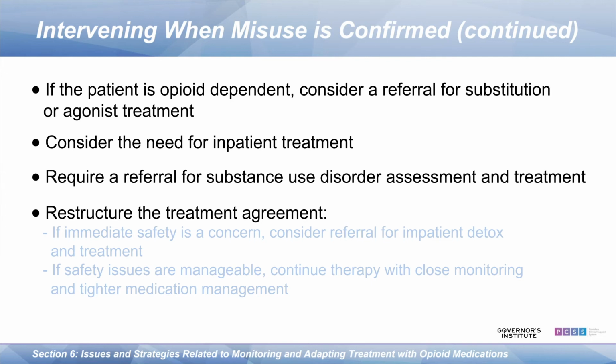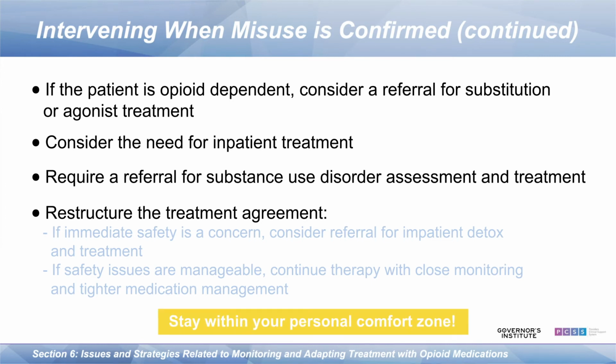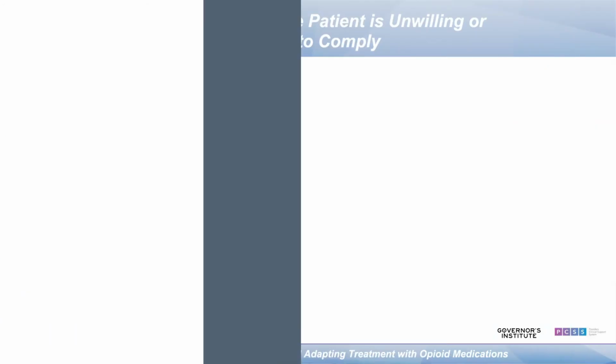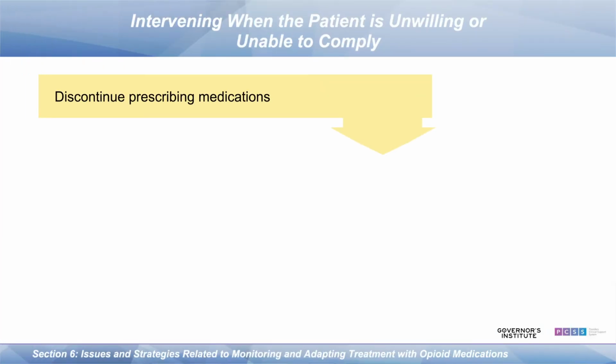Again, this will vary from clinician to clinician and clinical situation to clinical situation. Stay within your own personal comfort zone. At a minimum, consider referral for a substance abuse assessment to help guide intervention and treatment. In those cases where the clinician has done his or her best to work with the patient within the limits of safety and the patient has been unwilling or unable to comply, it is necessary to discontinue prescribing all controlled medications.